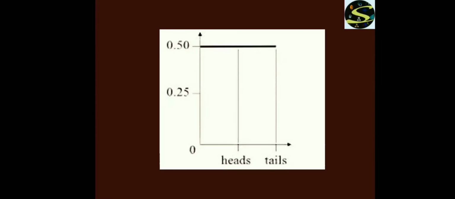Now note that half plus half is 1. We already know that probabilities have to add up to 1. This is a uniform discrete probability distribution. What makes it uniform? That's because the probability of each outcome is the same. The top is flat, it's straight across, and in this case, it's discrete because a coin flip can only have 2 outcomes, heads or tails.